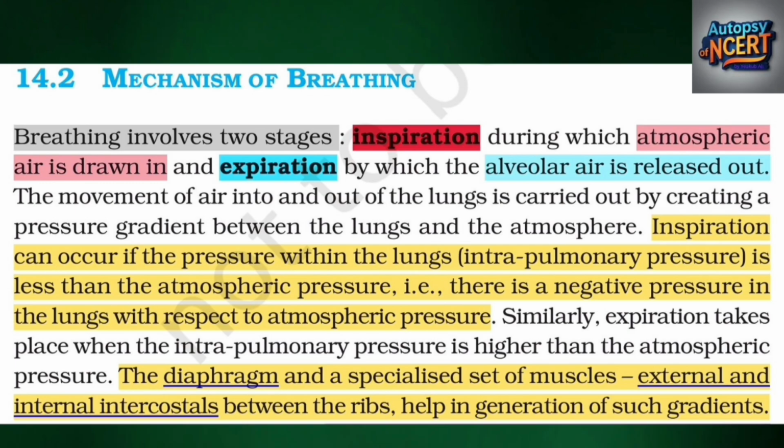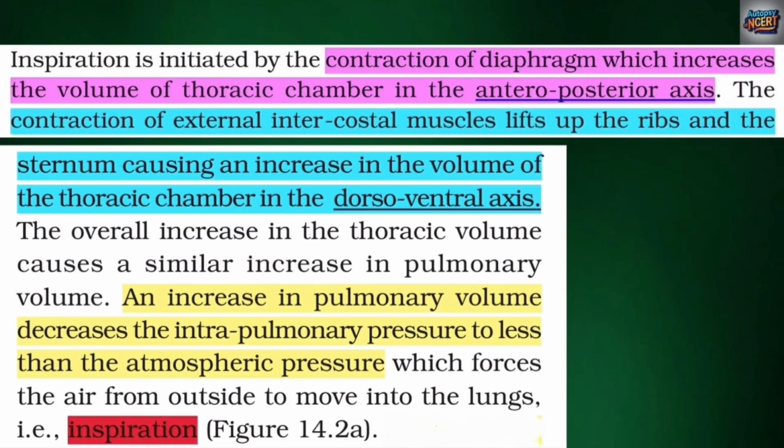The diaphragm and a specialized set of muscles, external and internal intercostals between the ribs, help in generation of such gradients. Inspiration is initiated by the contraction of the diaphragm, which increases the volume of the thoracic chamber in the anteroposterior axis.